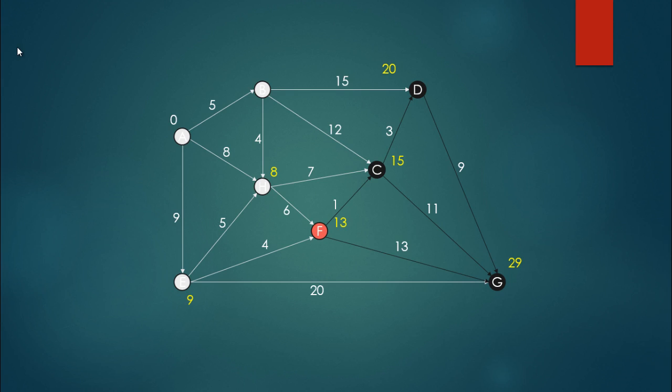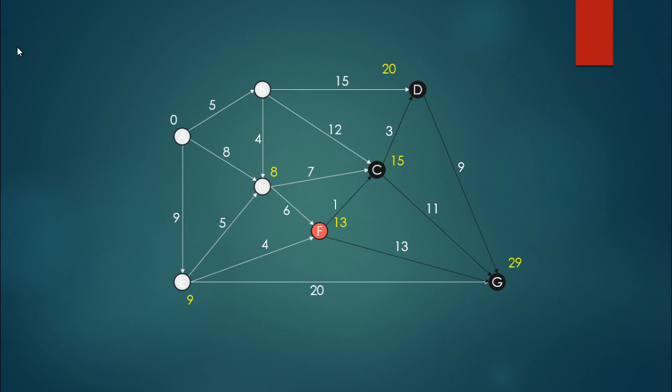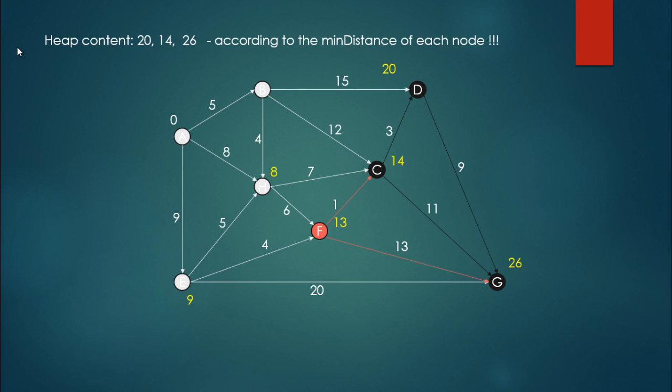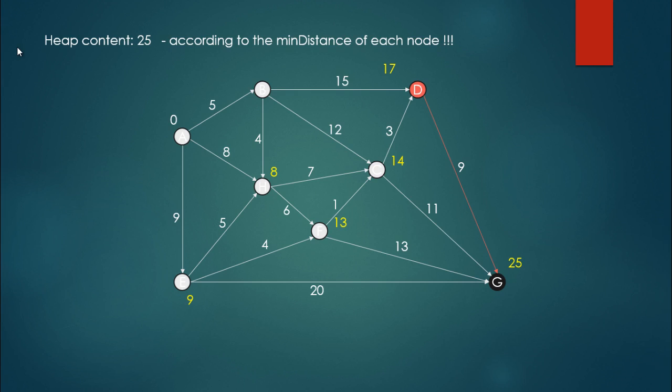So 13, and we are going to visit each of its neighbors, and we come to the conclusion that there's an even shorter path to C, I mean from the start vertex, which is A, to C, with the help of F. So we can go through this F, and we update the minimum distances accordingly. Then we go to C and visit its neighbors. Then the D, because 17 is smaller than 25, and we are going to update if necessary. And the last node is G.